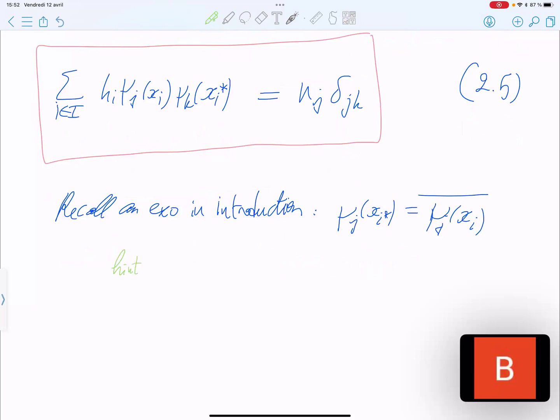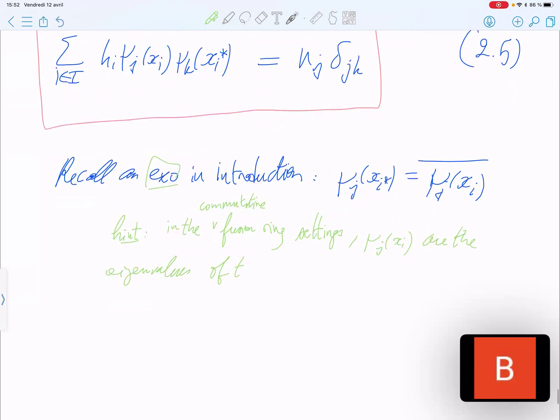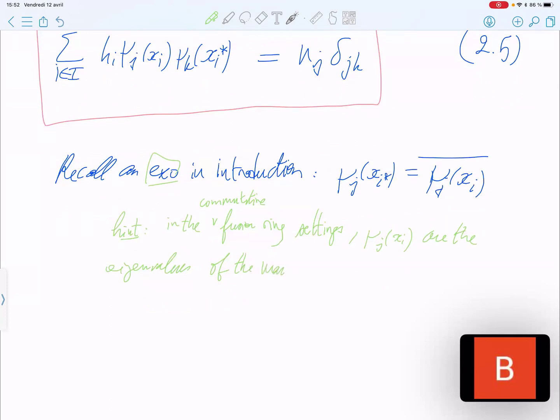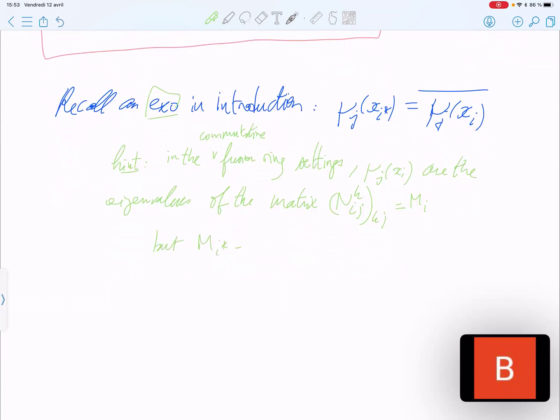In the fusion ring setting, xi are the eigenvalues of the commutative fusion matrices N_ij^k, where M_i star equals the adjoint of M_i.